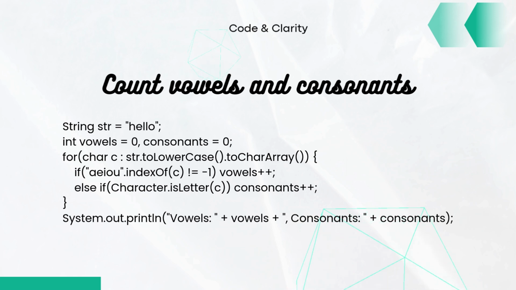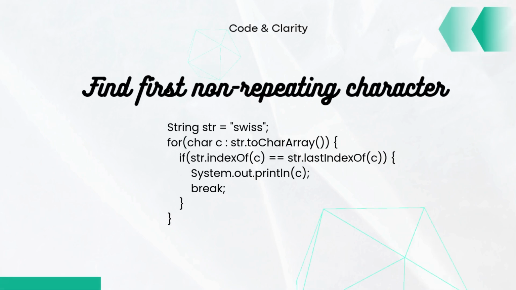Now the next question is finding the first non-repeating character in the string. We will check the index from the front side and also from the last side, and then we will find out the first non-repeating character. Now the next question is removing the duplicates from a string. So here is a string.